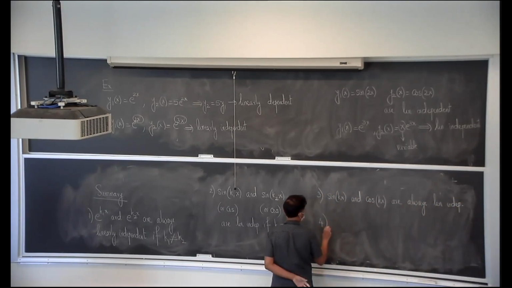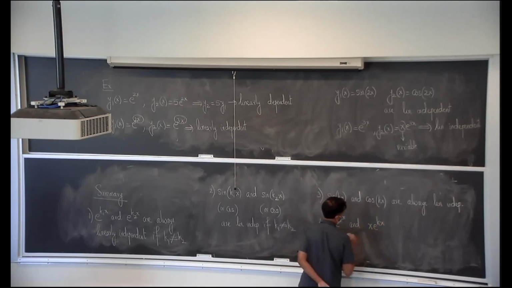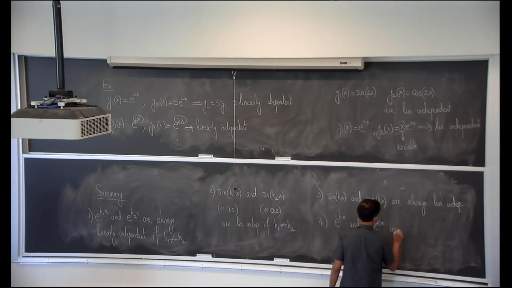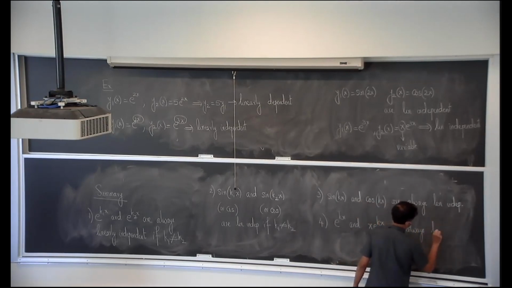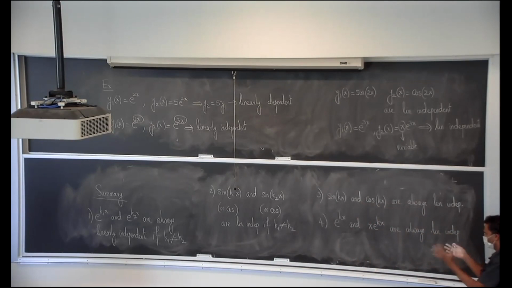For e to the power of kx and x e to the power of kx, not k to the power of kx, that is bad, x e to the power of kx, they are also always linearly independent. And if you combine these functions in any form with multiplication and so on, as long as they don't look alike, they're okay.